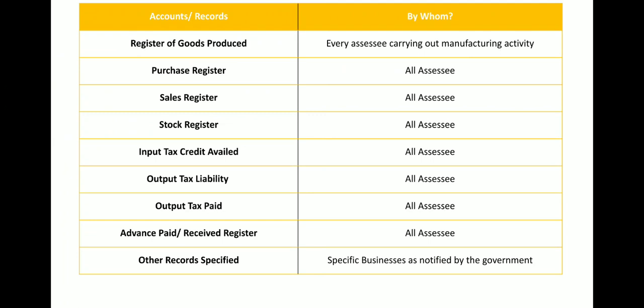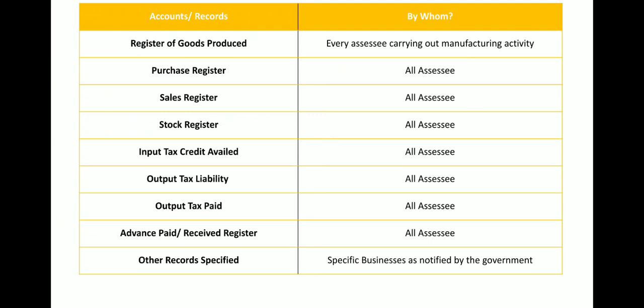So the information required to prepare the register of goods produced is HSN wise details, daily, and what sort of goods are produced in the factory or company.